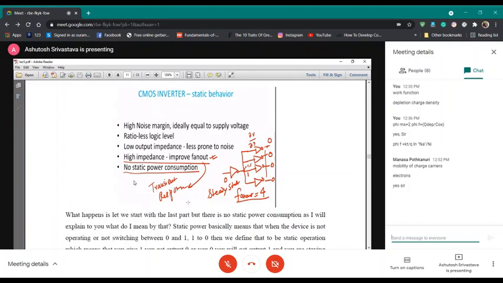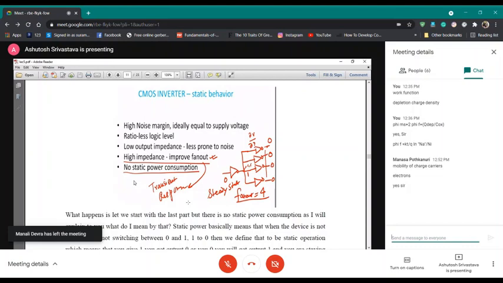It should have high impedance. That means it should be able to have an improvement in the fan out.